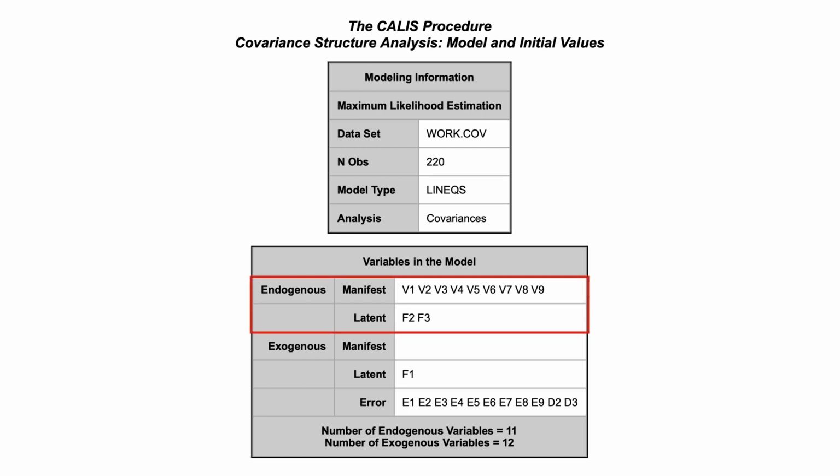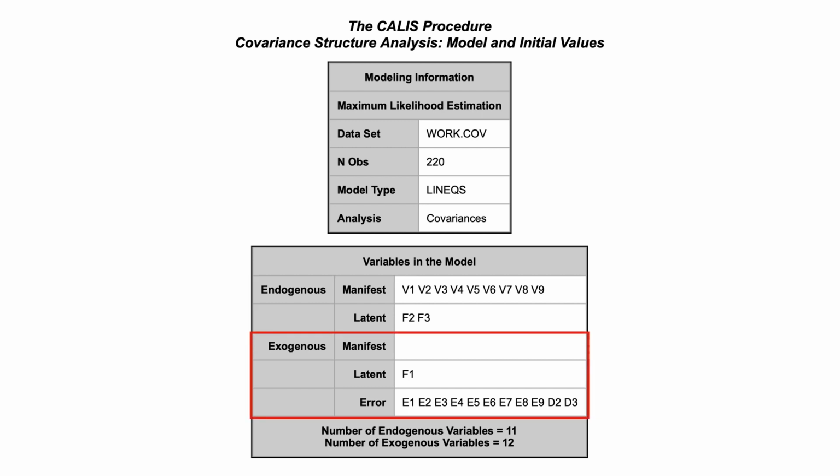Next, looking at the variables table, we have a number of endogenous manifest variables and latent variables. V1 through V9 are response variables, and so they are endogenous variables, and those are the manifest variables. We also have 2 latent endogenous variables, F2 and F3.